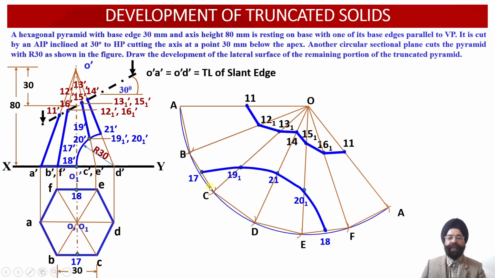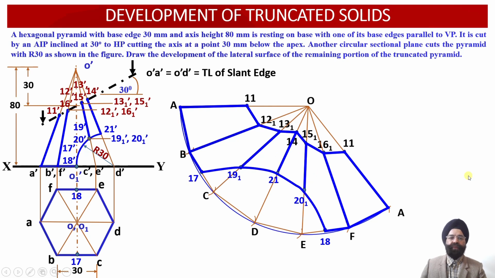So half of BC has not been cut, half of EF has not been cut, AF and AB have also not been cut over here. So this way we can join the remainder portion of the solid over here and the development points we have been able to obtain. And then the slant edges of the truncated solid we can now join over here.